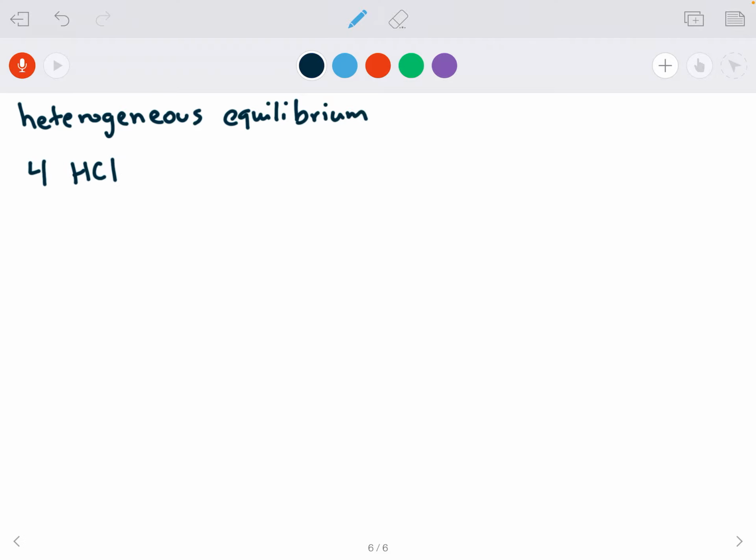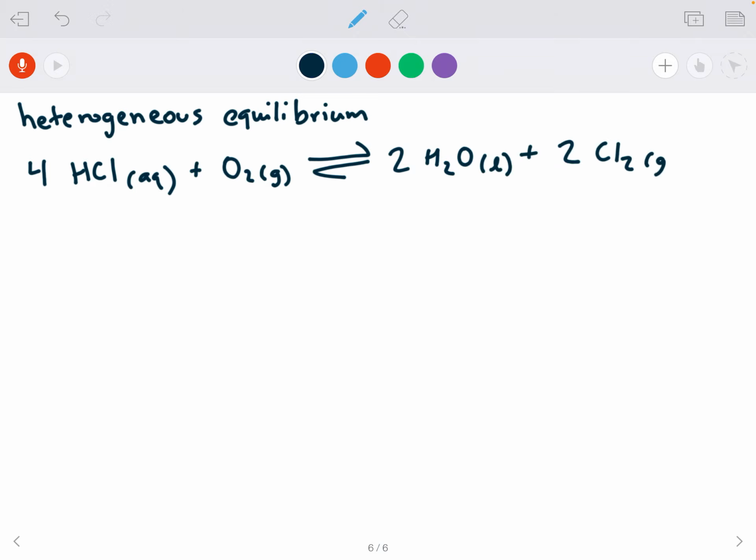So in this example, I've got 4 HCl in aqueous state plus O2 in the gas state is in equilibrium with 2 H2O in the liquid state plus 2 Cl2 gas. When I write the Kc for this, I'm going to get Cl2 squared over HCl to the 4th times O2.